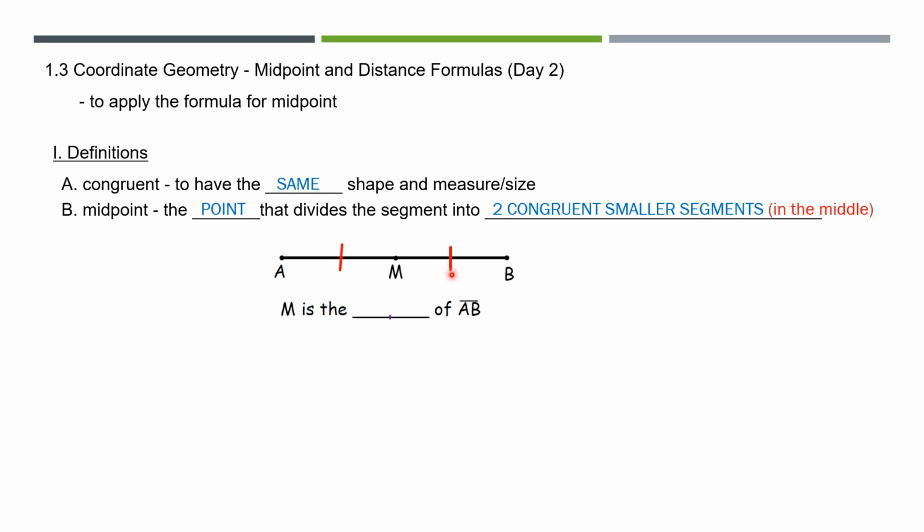These indicate that these two segments are congruent. So how do you know something's a midpoint? Initially, we're either going to be told it's a midpoint. So if you're told, then you're going to see it in words: point M is the midpoint of segment AB. Or sometimes you're shown that there's a midpoint, and in this case, we're being shown that, in that point M is the same distance to A as it is to B through the congruent marks.